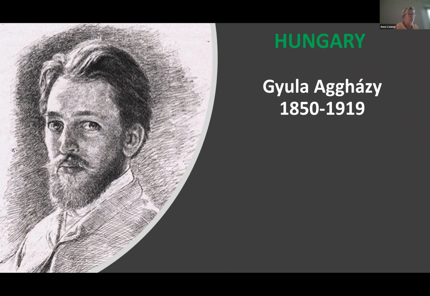Then he returned to Hungary in 1874, but decided to travel to Paris and became the pupil in Paris of a Hungarian painter, which is quite interesting. He's quite a specialist in genre painting.